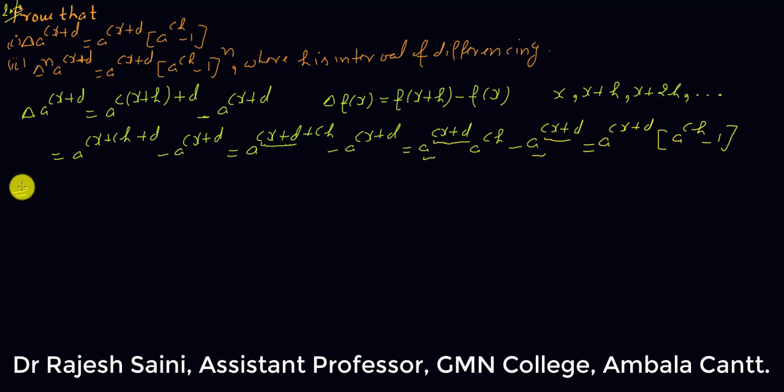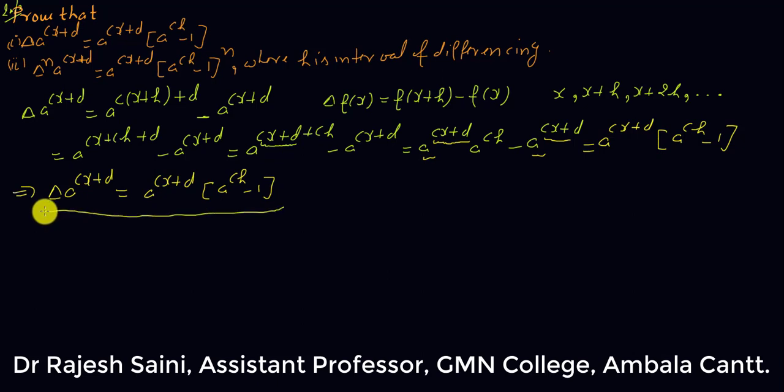So this implies that delta a raised to the power cx plus d is nothing but a raised to the power cx plus d times (a raised to the power ch minus 1). So this was the first thing to prove.